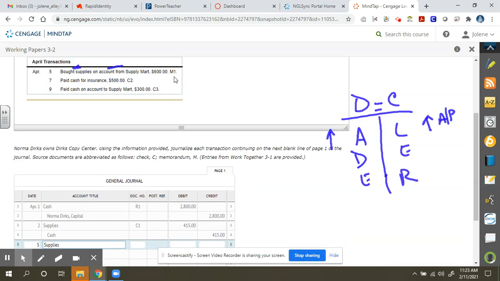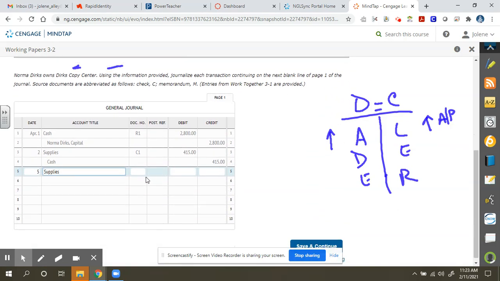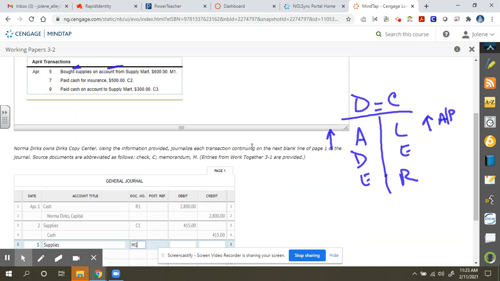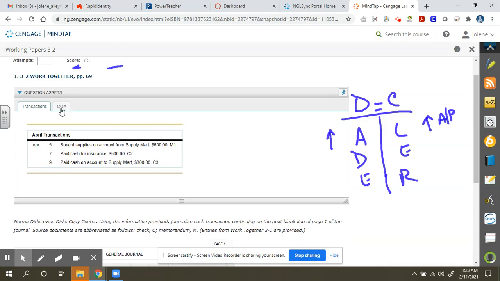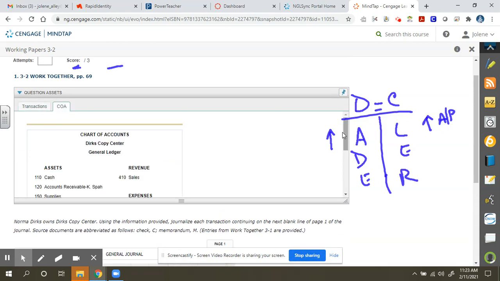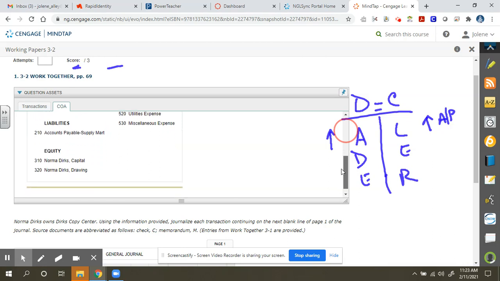It says that M1 is our source document. Memo number 1, that we owe $600 now to Supply Mart. But it's $600 worth of supplies that are coming in. Then, when we go to our chart of accounts, you'll see that there's one here, accounts payable Supply Mart.